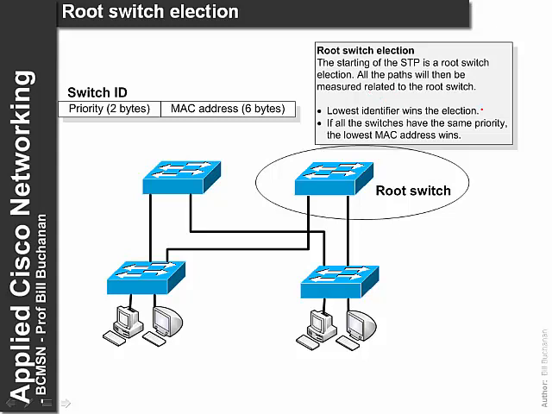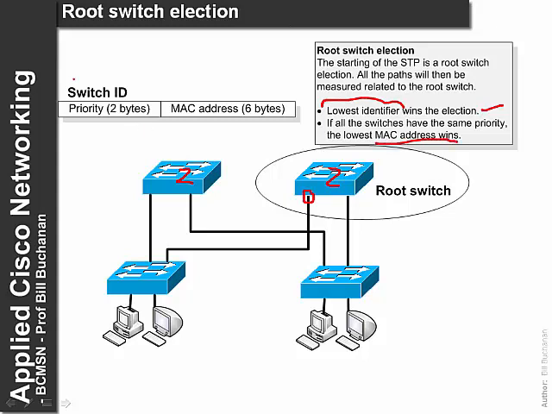And basically it will be the switch which has the lowest bridge identifier, and if all the bridges have the same priority, the same bridge ID, then it is the port which has the lowest MAC address.